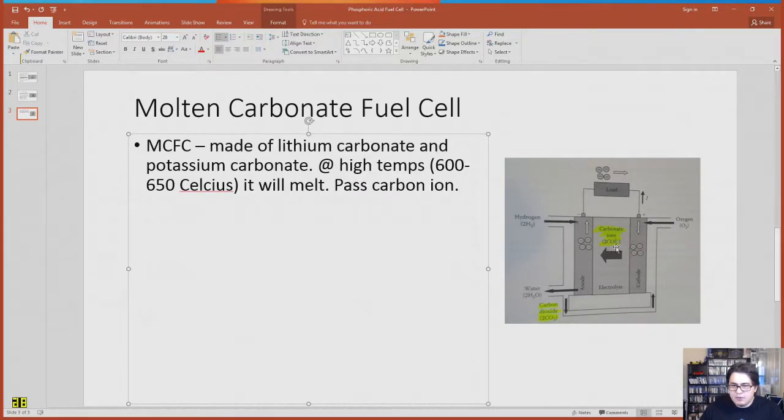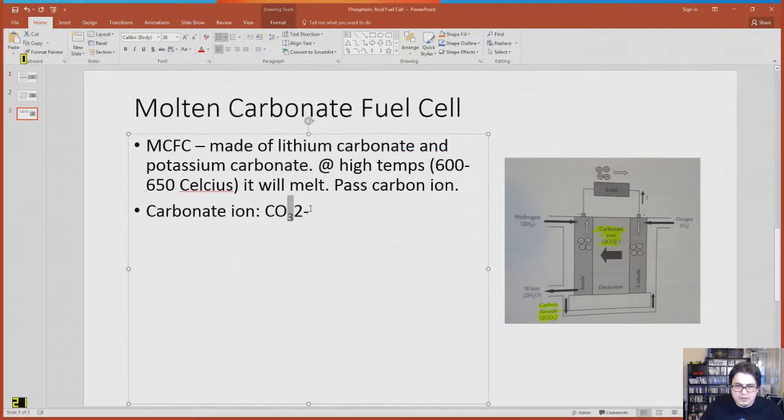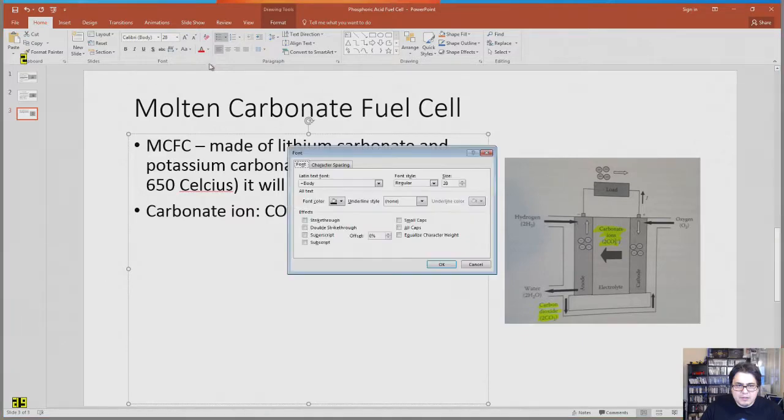That's this CO3, right? So the idea here is the carbonate ion, which is CO3 2 minus, right? So it's 3 oxygen atoms, and the 2 minus is the electron difference. So we're going to subscript that. This is going to be superscript.